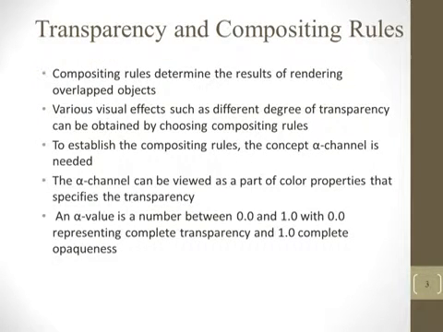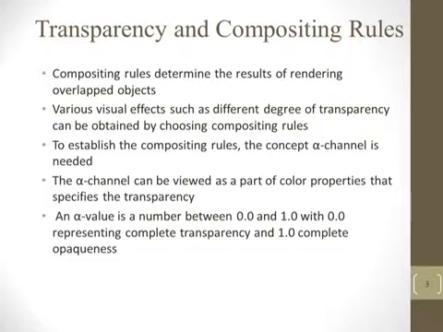Transparency and compositing rule. Compositing rules determine the results of rendering overlapped objects, where there is intersection between two or more objects. Various visual effects, such as different degrees of transparency, can be obtained by choosing a compositing rule.